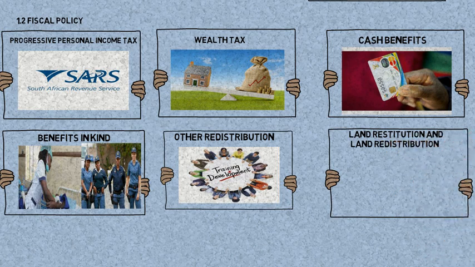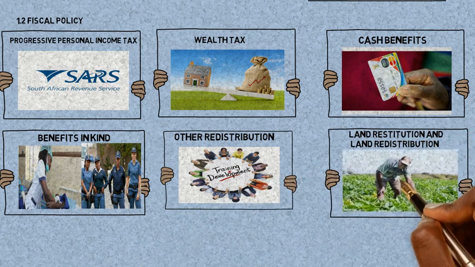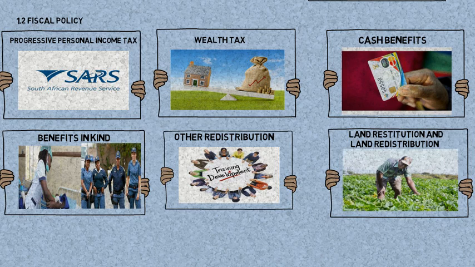This is the return of land to those that have lost it due to discriminatory laws in the past. Your land redistribution is going to focus on land for residential and production for previously disadvantaged groups. Take note that residential is town and production could be your farms.